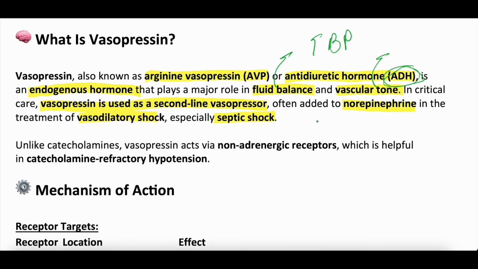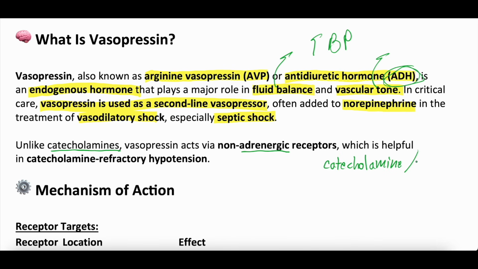What is interesting about vasopressin and why we use it as a second-line vasopressor is that it's not catecholaminergic or adrenergic, right? So when we think about vasopressors in general, we think about two different larger categories, and there's multiple larger categories, but one is catecholaminergic, catecholamine.